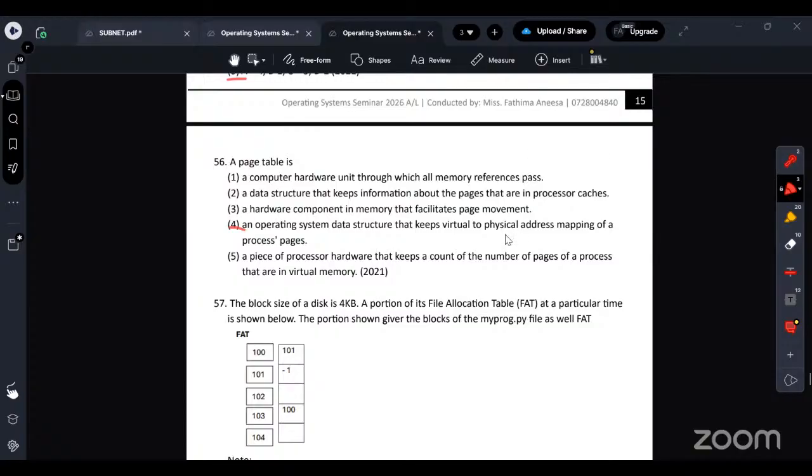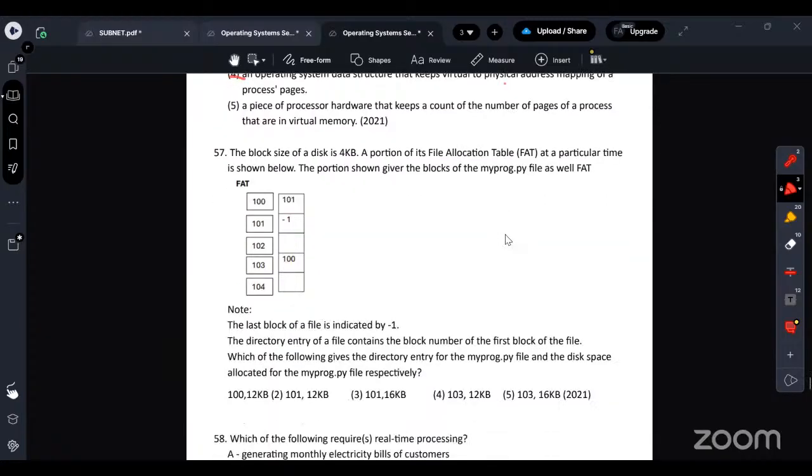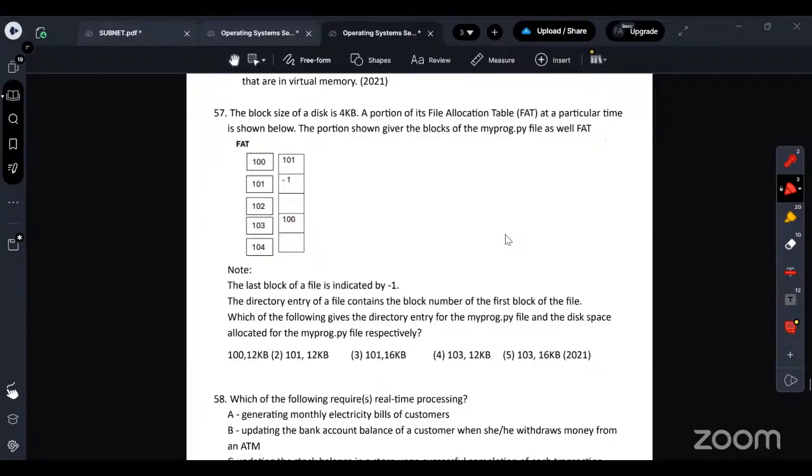All right. Okay. So next we have is about the file allocation table. For this, there's a calculation part to do.